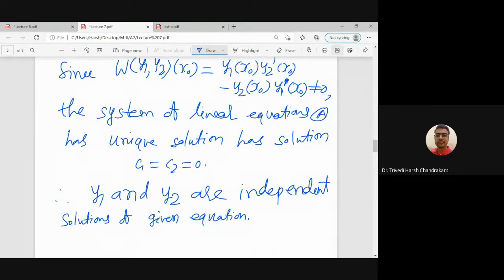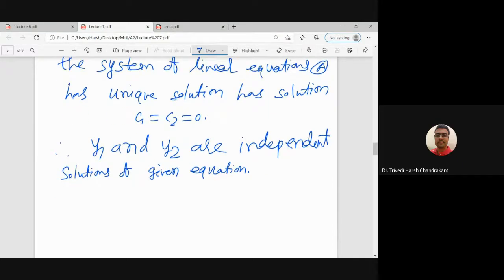So one part we have proved: whenever the Wronskian is non-zero at a particular point, that is the only thing we need to conclude the solutions are linearly independent.